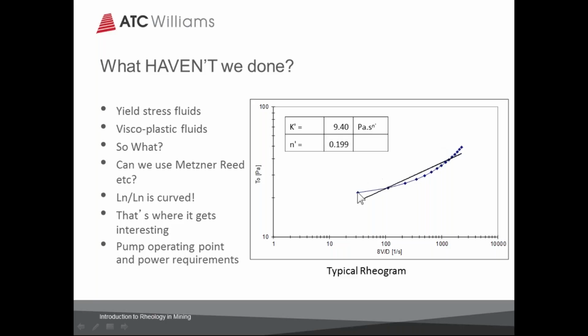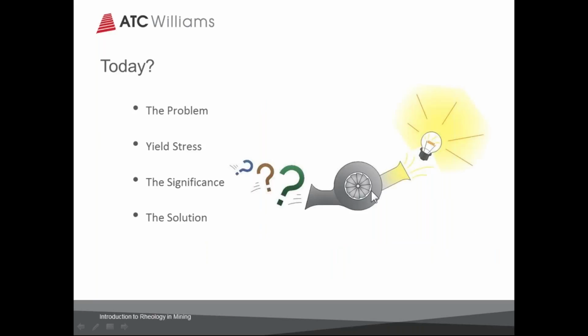It's important to note here that we were working on logarithmic axes because that's what Metzner and Reed used. And that's when it starts to get interesting, because now we have a curve, and that is a direct result of having a yield stress. That's what we're going to look at specifically today, because we're going to use that to get the pump operating point and the power requirements.